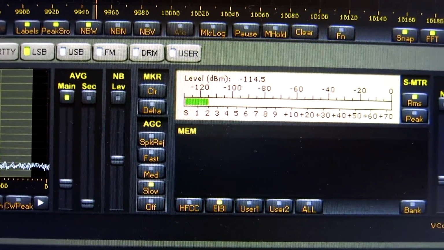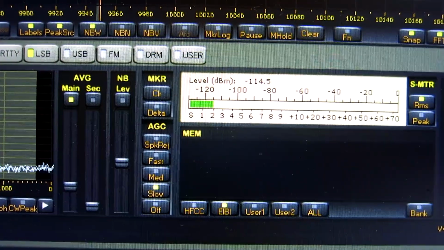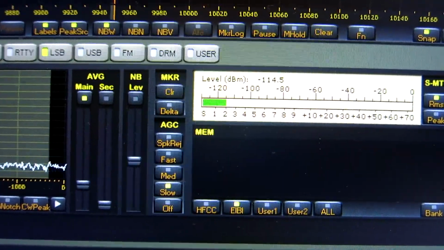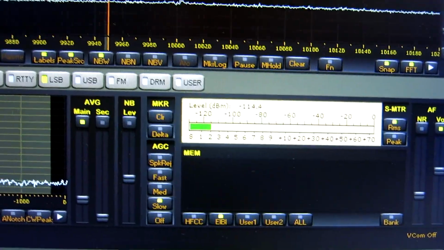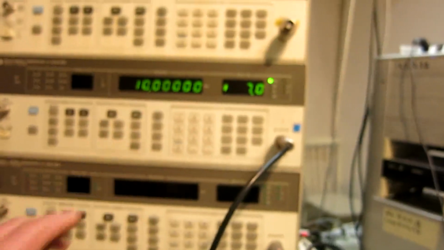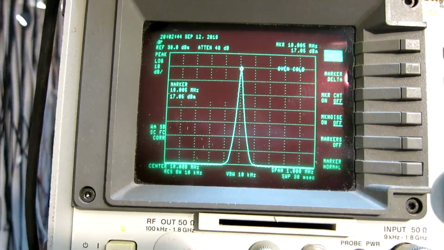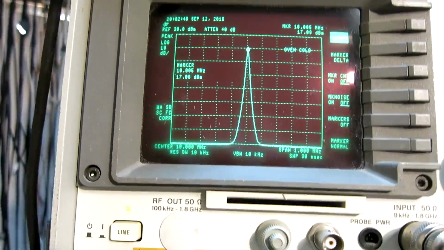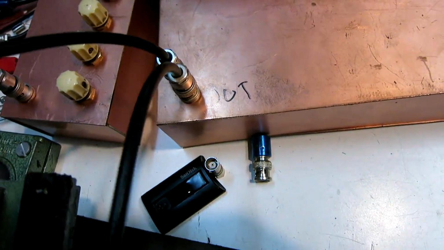That is 0.5. That is 0.8 decibels increase of the noise floor when I'm switching the signal on. The power level is plus 17 dBm. That's at the output of this amplifier.